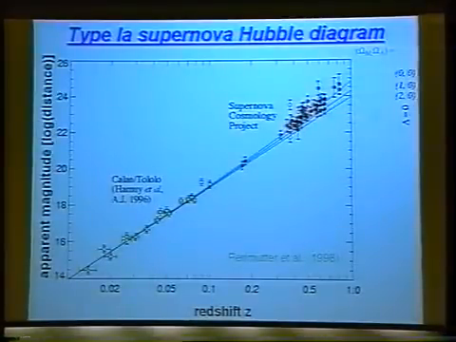So there would be different Hubble diagrams for different choices of the cosmological parameters. And using this, you can do a statistical analysis and see what fits the data and what doesn't.